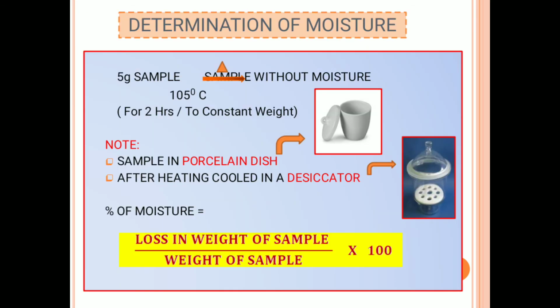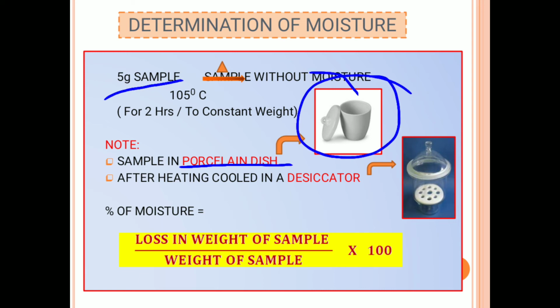First constituent, that is moisture. How can you determine the percentage of moisture? Simple process. Just take 5 gram of iron ore sample in porcelain dish. This is the image of porcelain dish.